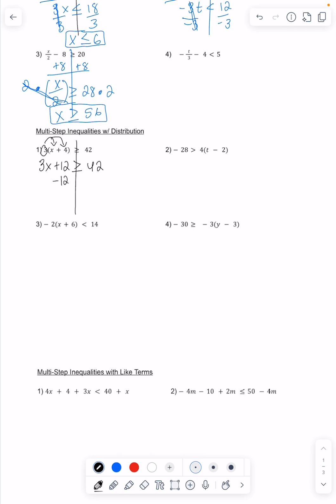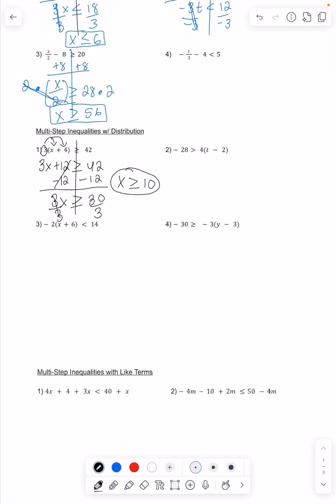So minus 12, because that's the inverse of positive 12. We get 3x is greater than or equal to 30. Here we just divide by a positive 3, so the symbol stays the same. So x is greater than or equal to 30 divided by 3, which is 10. The answer is all the values of x that are greater than or equal to 10.